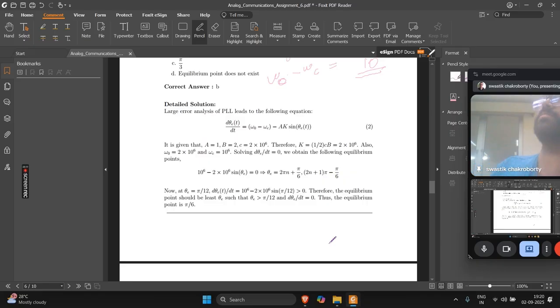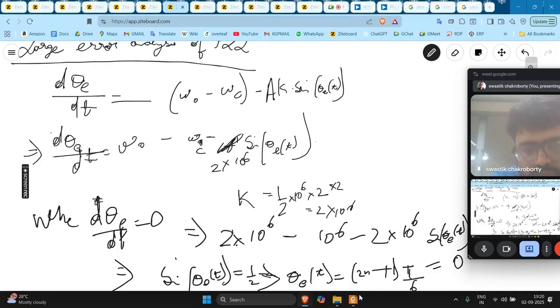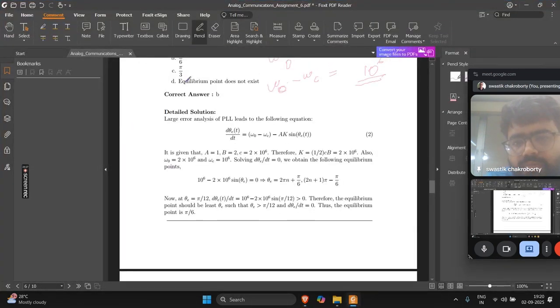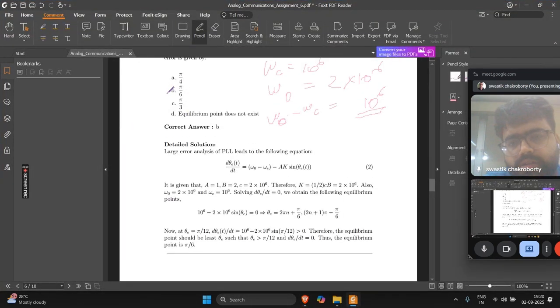So the first equilibrium point is at n equal to 0, that is pi by 6. So the first equilibrium value is at pi by 6. So the correct answer is pi by 6. You put n equal to 0 into (2n plus 1) pi by 6 and you get pi by 6.